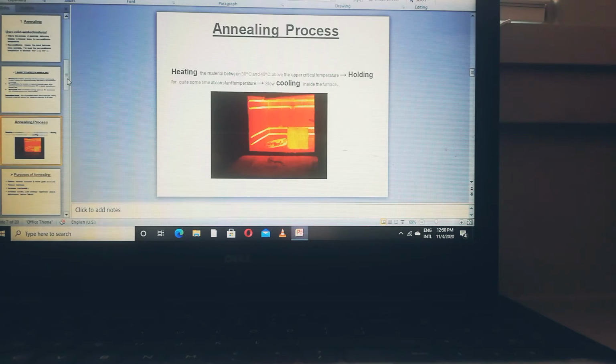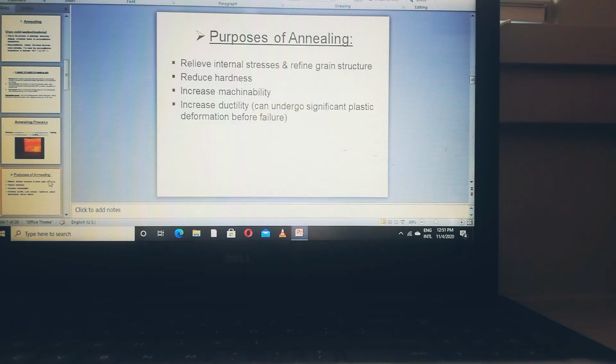For annealing, the material is heated between 30 and 40 degrees Celsius above the upper critical temperature, and the material is held at constant temperature for quite some time. Cooling is allowed inside the furnace, and it happens very slowly.